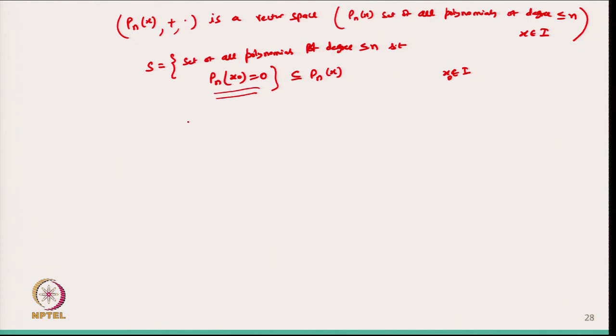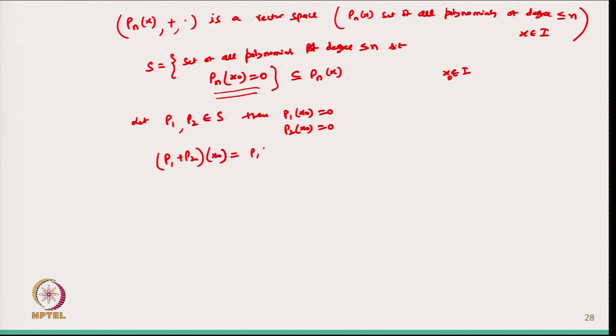Now, from here you can check whether it is a subspace or not. So, let us take P 1 and P 2 belonging to S. Then P 1 x naught is 0 and P 2 x naught is also 0. So, P 1 plus P 2, this one I want to check. Let us check what is happening at x naught.